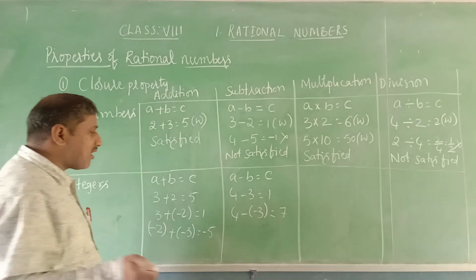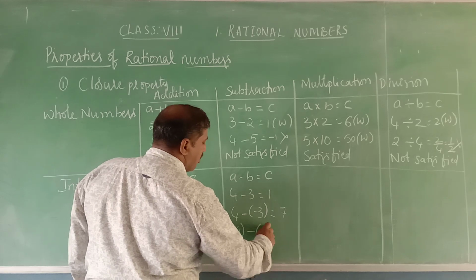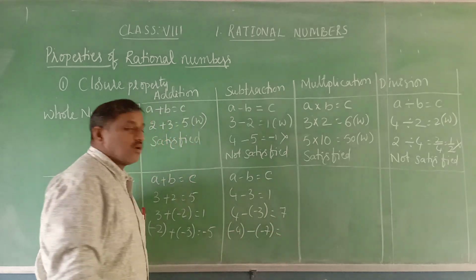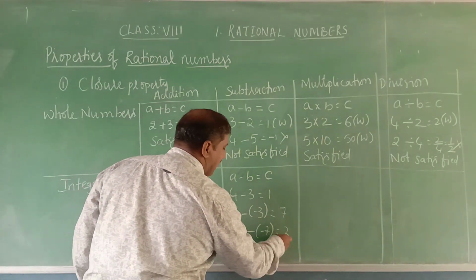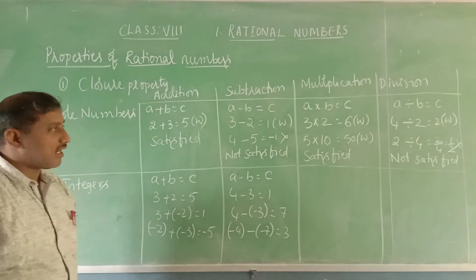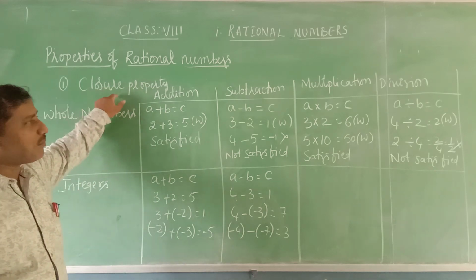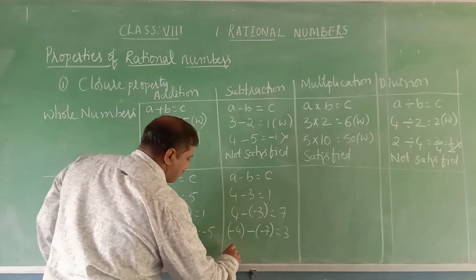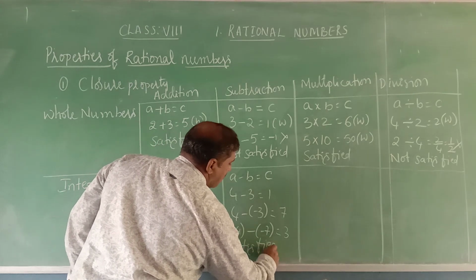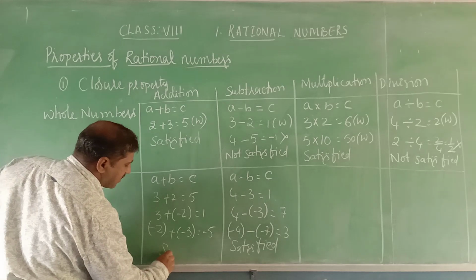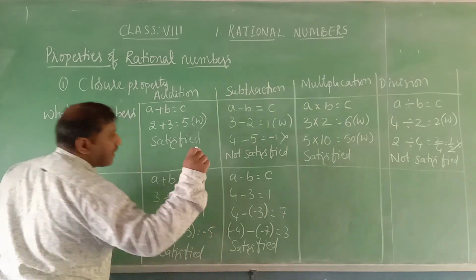You take any number of integers. Minus 4 minus minus 7 is equal to, by subtracting minus 7 from minus 4, we get 3. 3 is also an integer. Therefore, integers satisfy closure property under subtraction. So it is satisfied, and under addition also it is satisfied.